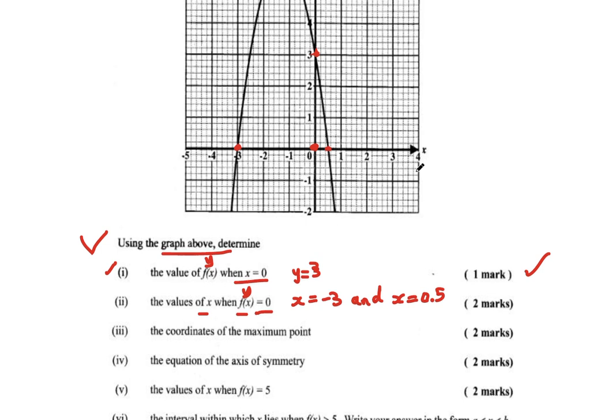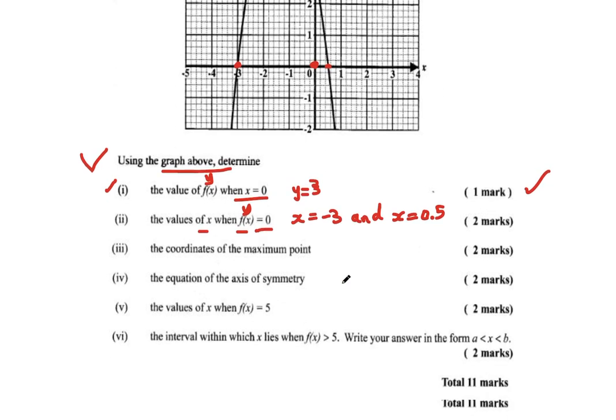The curve intercepts the x-axis at 2 points, which is commonly the case for quadratic functions which have real solutions. So that takes care of this 2-mark question.